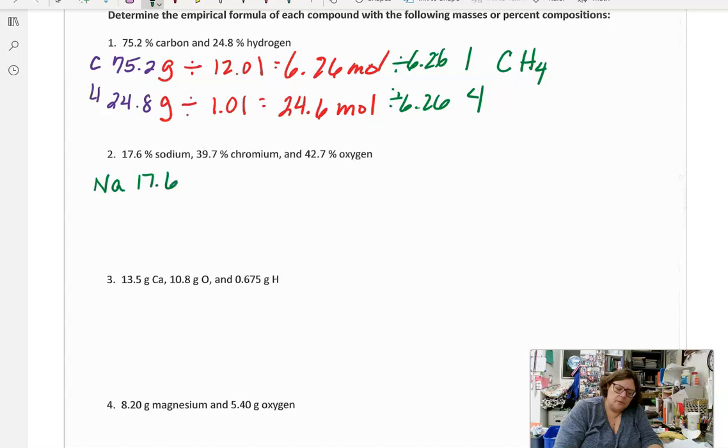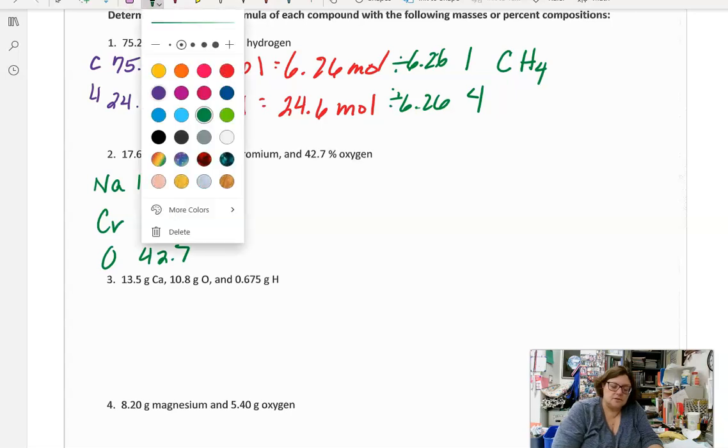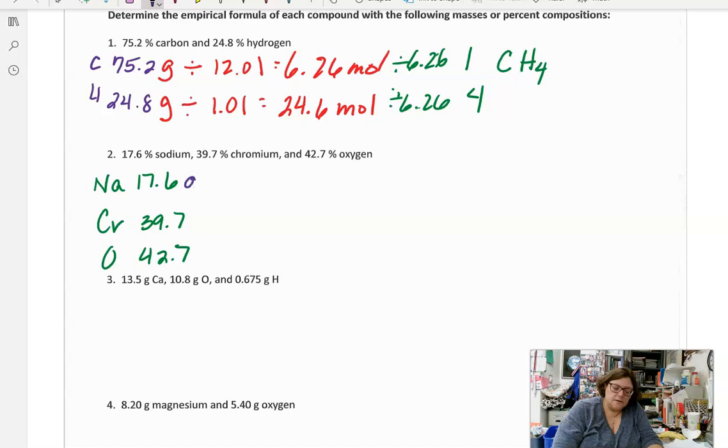The next one, sodium, chromium, and oxygen, once again, our first step. If you get confused, ask your neighbor, because hopefully they're paying attention. Change it to grams.